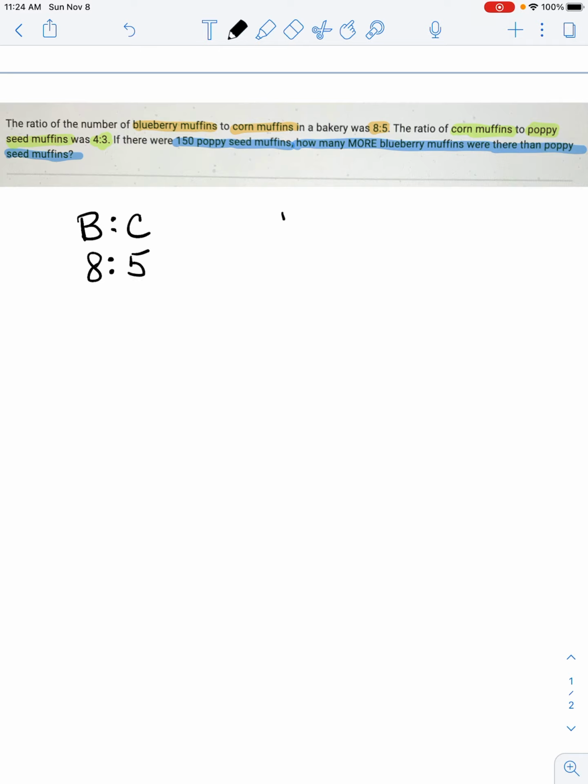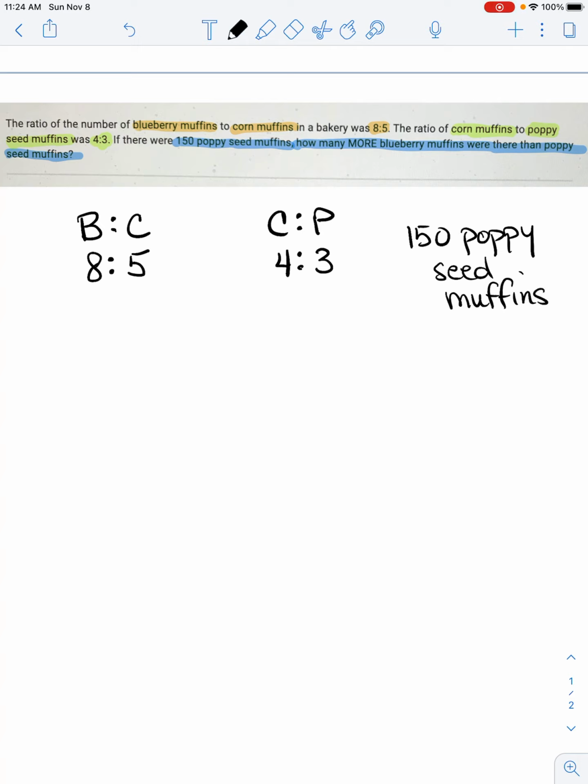The ratio of corn muffins to poppy seed muffins was 4 to 3. And there are 150 poppy seed muffins. And we want to know how many more blueberry than poppy.